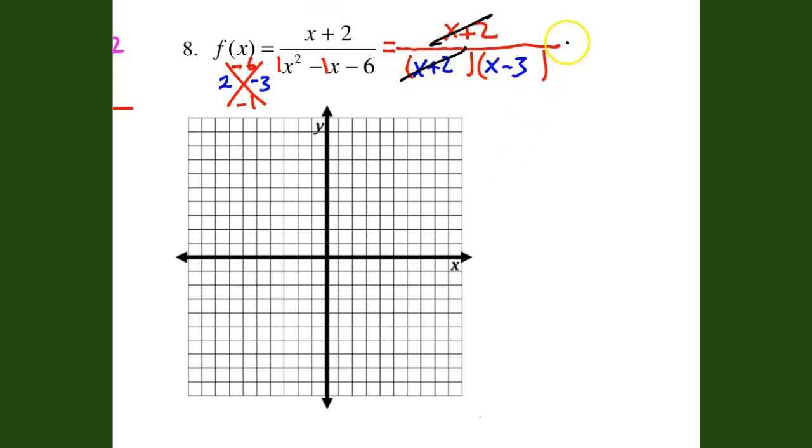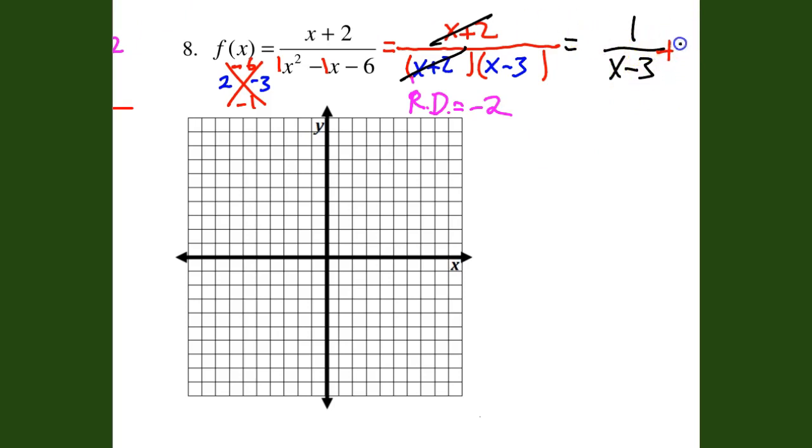There we go. So that will leave us with, since the top entirely canceled out, it's going to be 1 over x minus 3. So the removed discontinuity here is at negative 2. I just need to graph this right here.